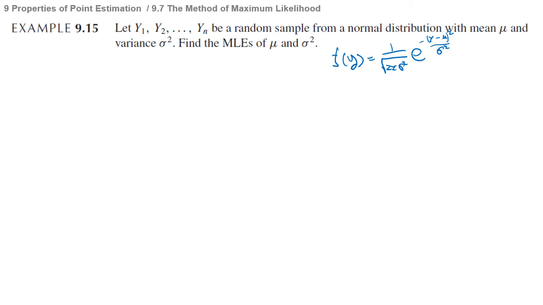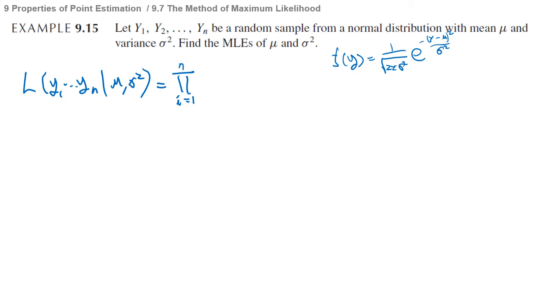Okay, so what's the likelihood? What's the likelihood of the data y1 to yn, given mu and sigma square? Since y1 to yn are independent, this is multiplying all these densities.